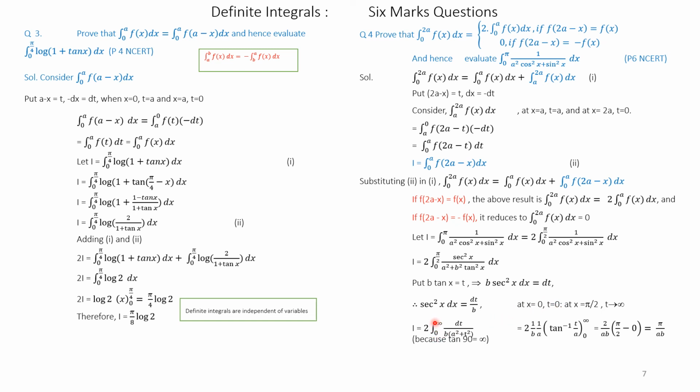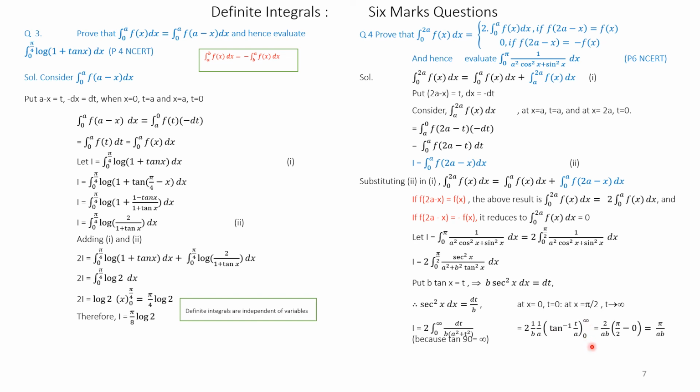Therefore, I is equal to 2 into integral 0 to infinity of dt by b into a square plus t square. So, b we are taking common, and the integration of 1 by a square plus t square is, from the knowledge of our indefinite integrals, 1 by a into tan inverse of t by a, from 0 to infinity.